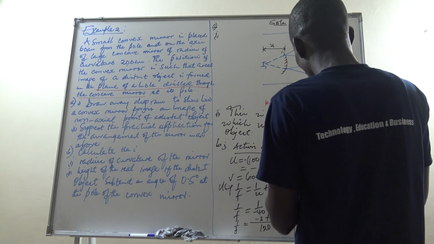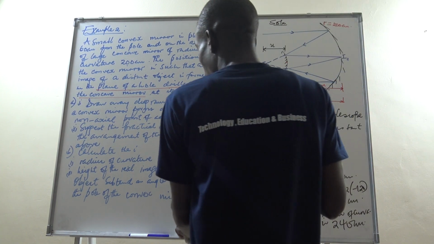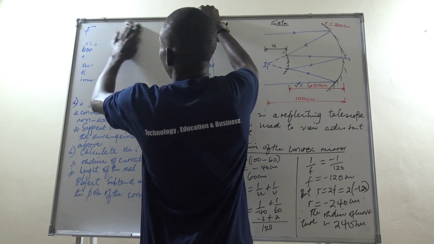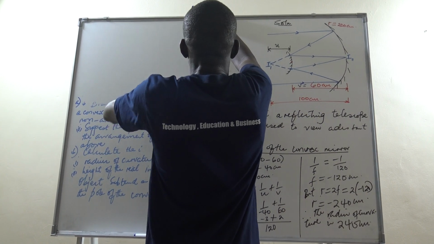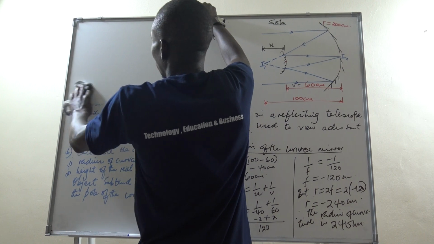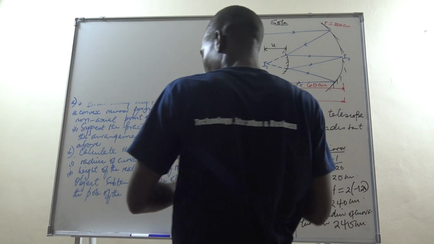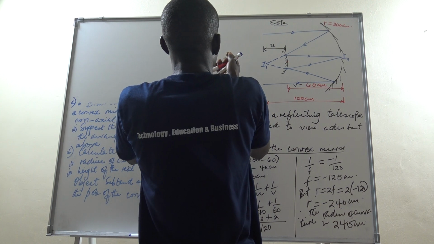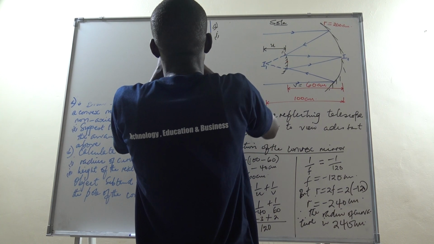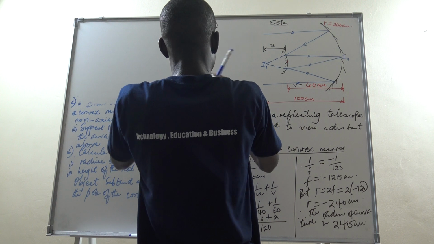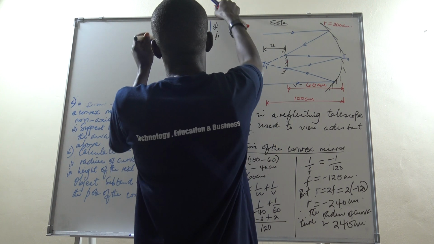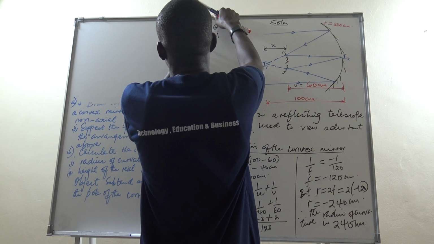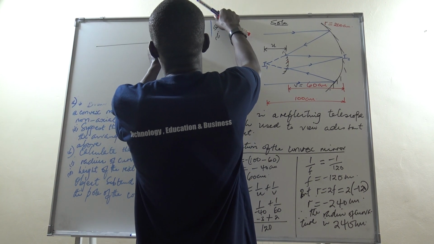So if the distant object is supposed to subtend that angle, if I have this here as my convex mirror, we know very well this is the pole.